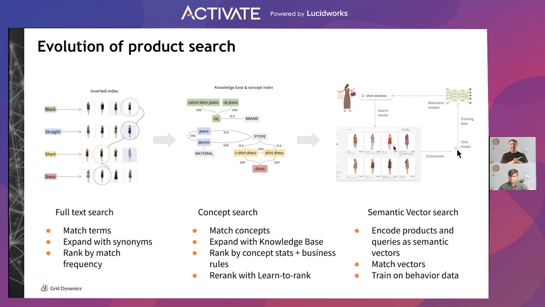And to make all the system work, we will need to train our deep learning model and natural language processing model on a lot of domain data and a lot of customer behavior data to drive the correct representation of our products and queries with the vectors. So that's the story which we will be talking about today.